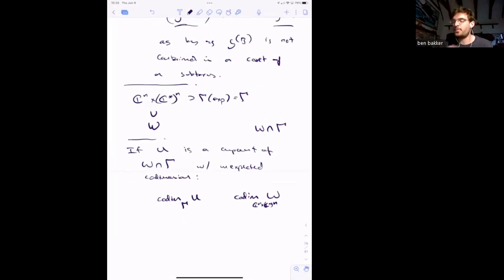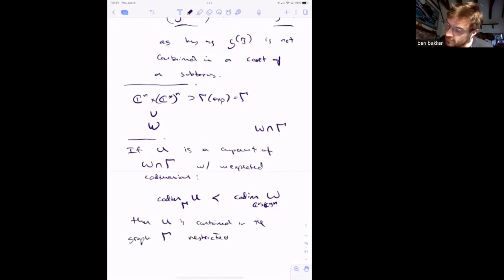So if this intersection is larger, namely the codimension is smaller, then something special must be happening. So then U is contained in the graph gamma restricted to a coset of a subtorus.